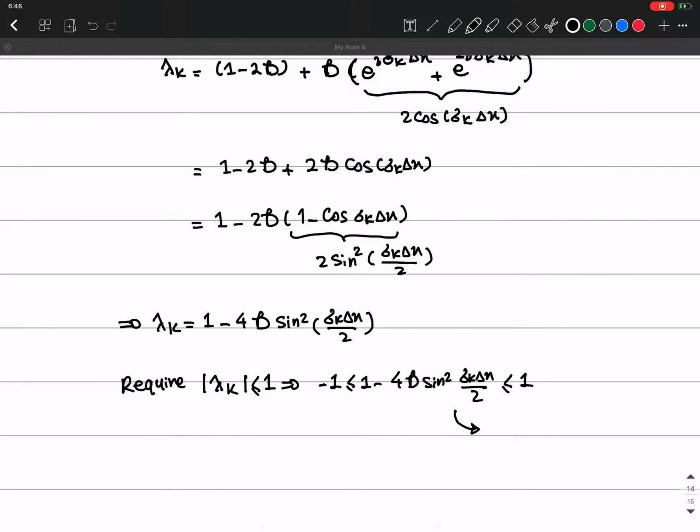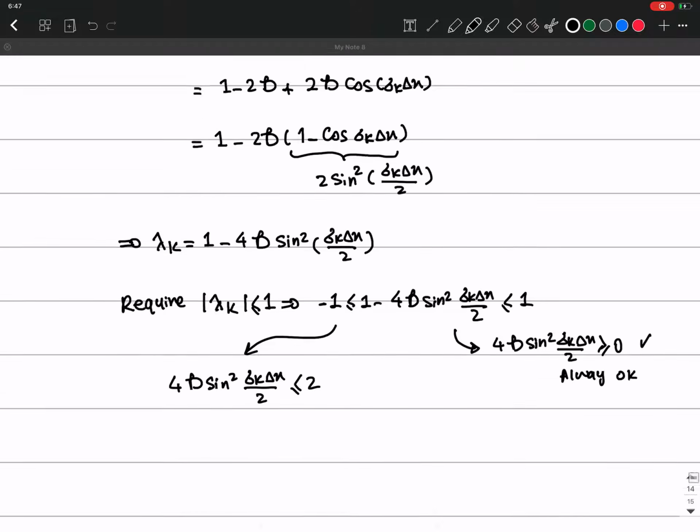The right condition means that 4d sine squared (sigma_k delta x over 2) should always be greater than or equal to 0, which it is. So always okay. But the left one entails 4d sine squared (sigma_k delta x over 2) should be smaller or equal to 2.